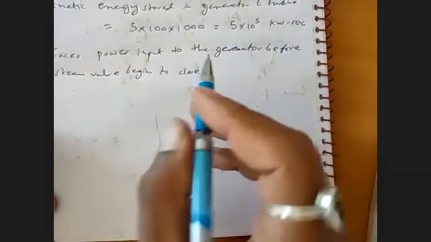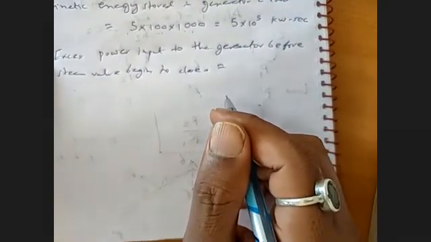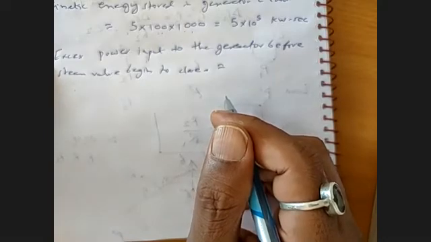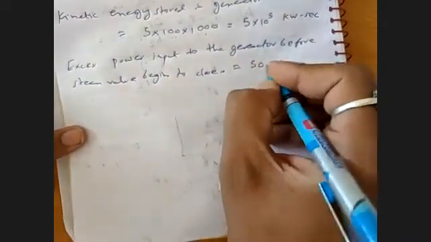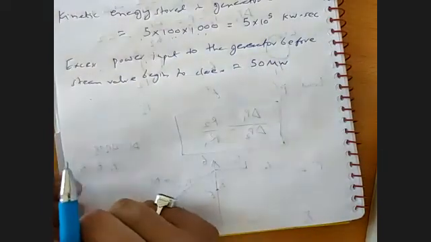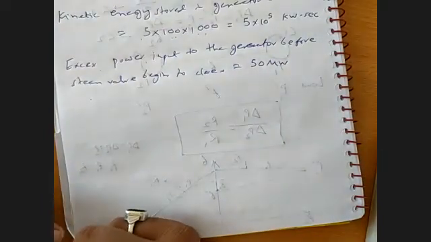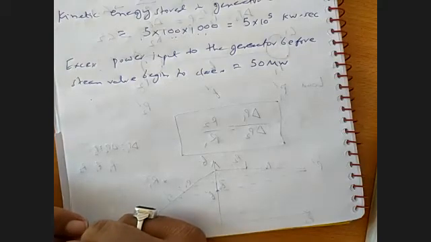Because your load is suddenly reduced to 50 megawatt, but we have not changed the position of the steam valve due to this time lag, we have excess power, and that will be equal to 50 megawatt. Because 50 megawatt is the power which we have reduced. So from 100 it will reduce to 50 megawatt.